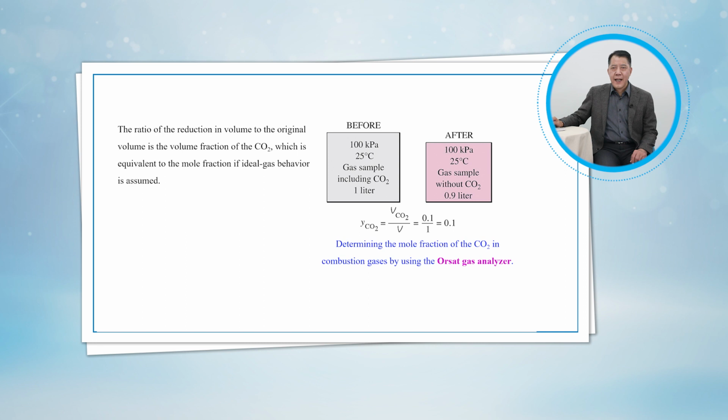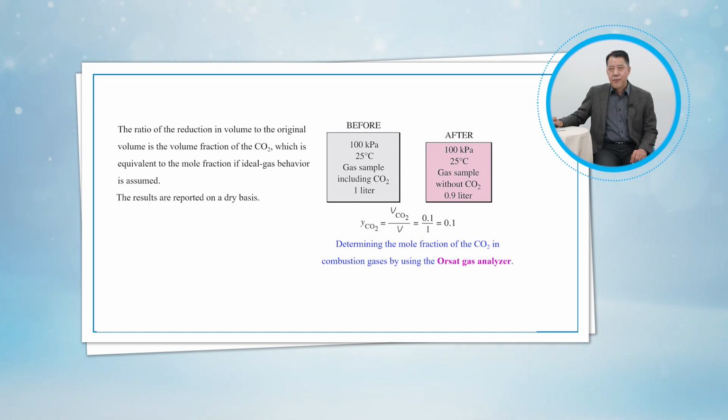In Orsat analysis, the gas sample is collected over water and is kept saturated at all times. Therefore, the vapor pressure of water remains constant during the entire test.